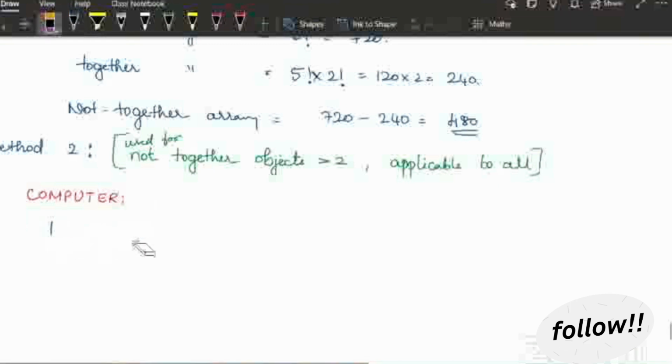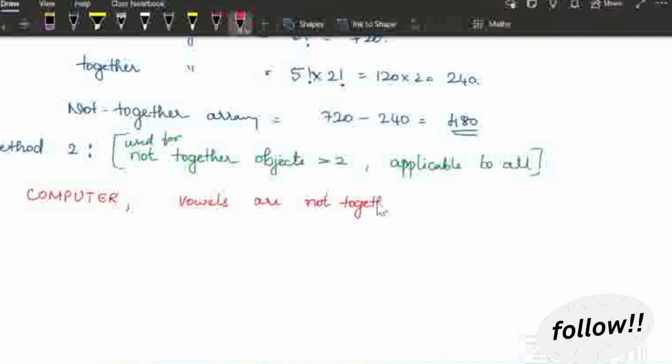We don't need total arrangements because we know that it is not going to be equal. So we'll find out the number of arrangements of computer such that vowels are not together. So when I say vowels are not together, even two vowels should not be together. There are three vowels, even two vowels should not be together.